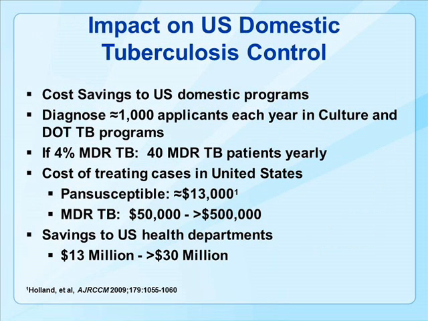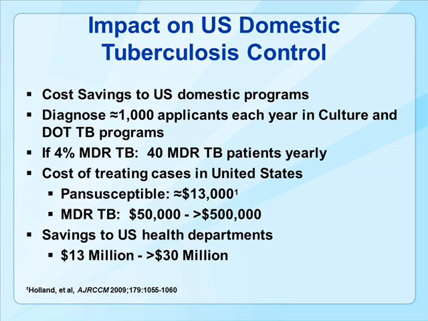So aside from seeing some changes in the epidemiology and the case detection rates, we do think this can have an economic impact, or is having an economic impact, and is providing some cost savings to U.S. domestic programs. When we look at our programs around the world, and we have something called TB indicators where we require them to tell us the number of cases they're diagnosing, we know that they're diagnosing over 1,000 persons worldwide with culture-positive tuberculosis amongst all these screening programs.